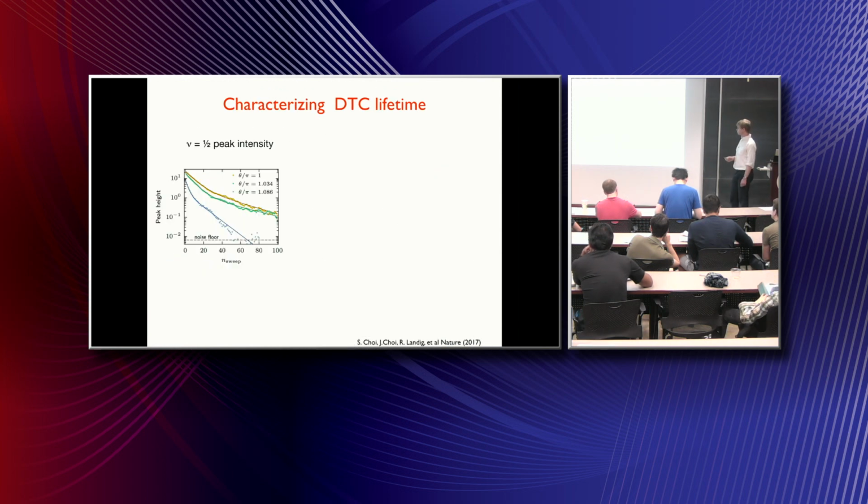So one can also do other experiments, and try to characterize the lifetime of this discrete time crystalline order. One thing you can do is look at this peak intensity after a different number of applied pulses, and basically look at how the intensity of this peak behaves as a function of where in the sequence you are.